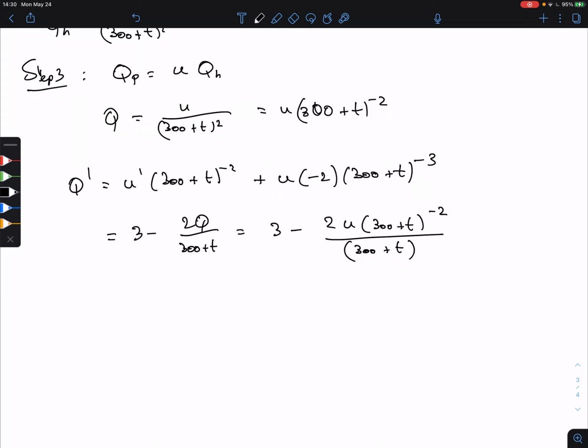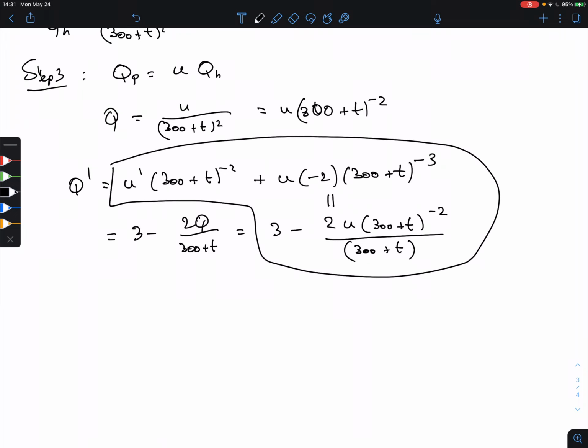Okay, so right, this is equal to that. Sorry, I wrote it a little bit weirdly, so let me box it. This is what I'm looking at, right? This part is Q prime, and this part is this guy.